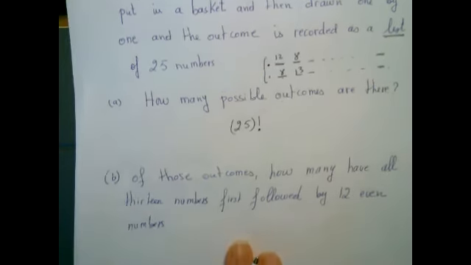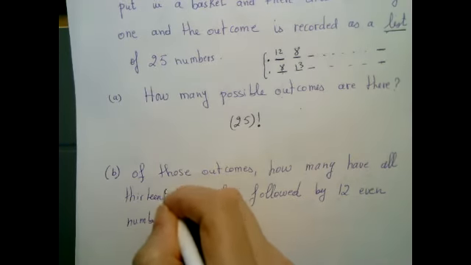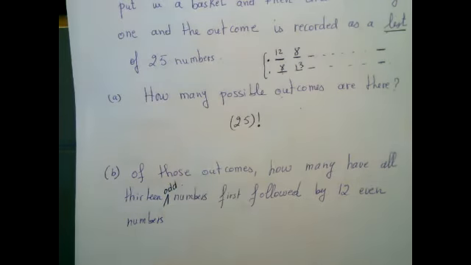Now, second question. Of those outcomes, how many have all 13 odd numbers first, followed by 12 even numbers?